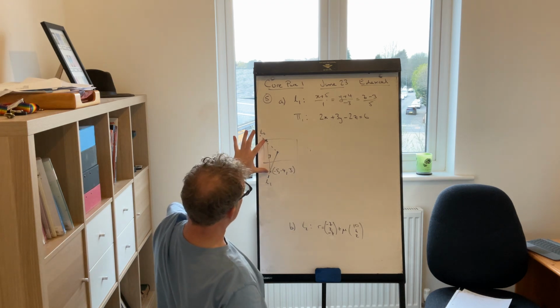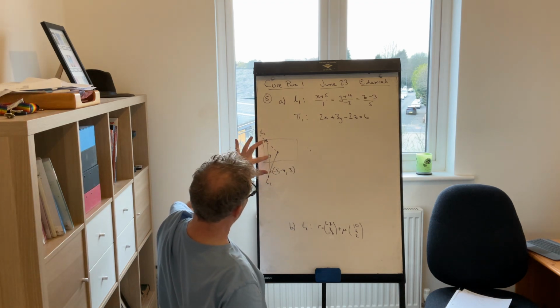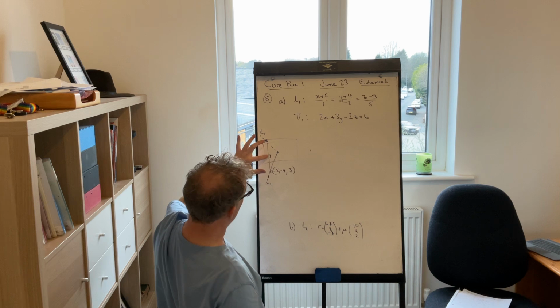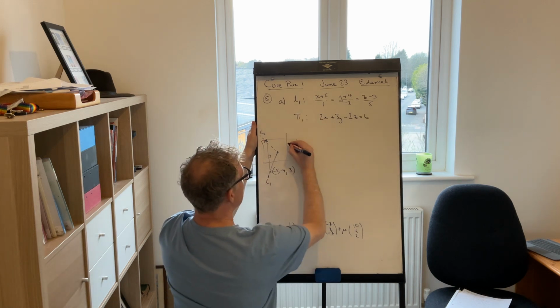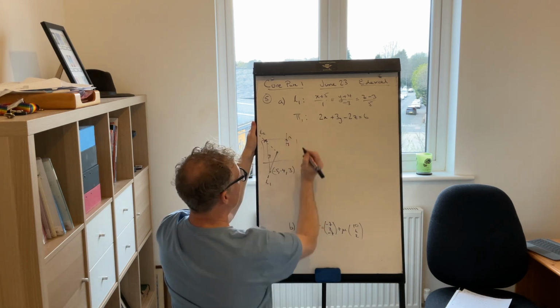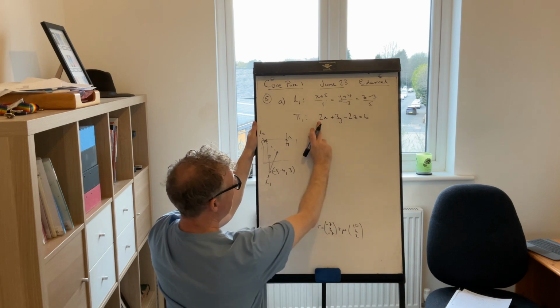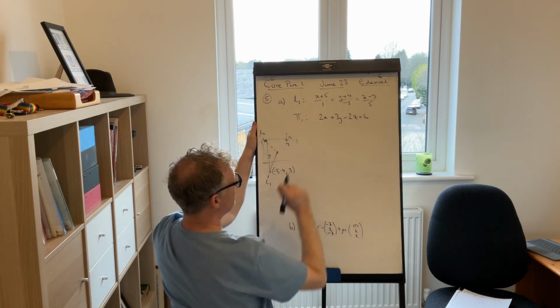So what I now need is the normal. If it's hitting at a right angle, that means it's going in the same direction as the normal of the plane. Now the normal of the plane is just (2, 3, -2).